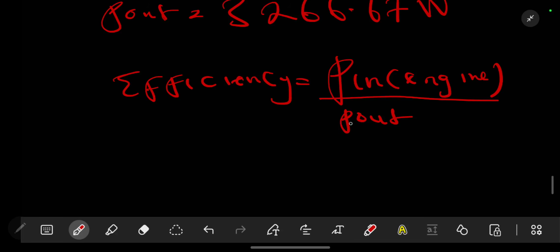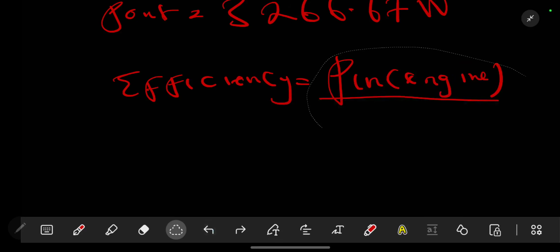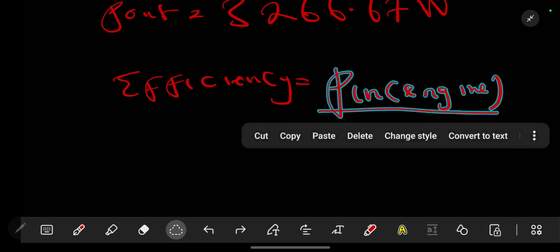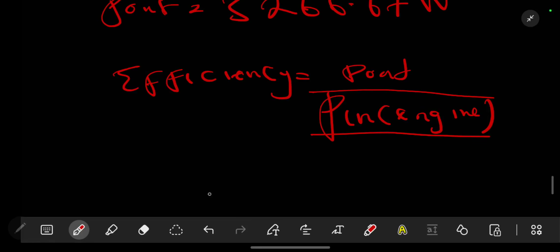Sorry, we have reversed the equations. So remember what I said, it is equal to power out over the power input. So that's our efficiency.